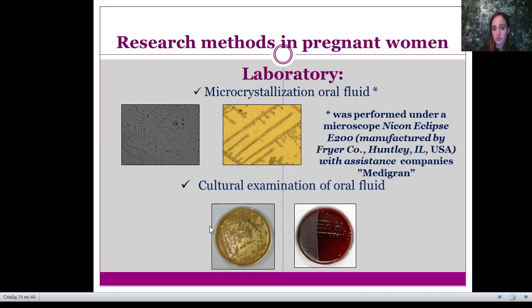The next method is laboratory. So we can do microcrystallization of oral fluid, and we can use a microscope and analyze cultural examination of oral fluid.